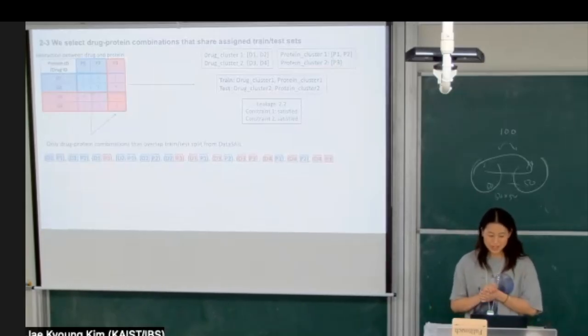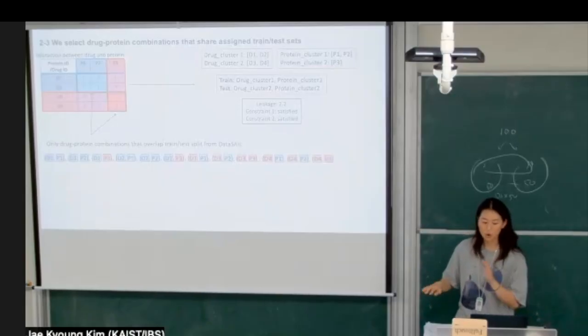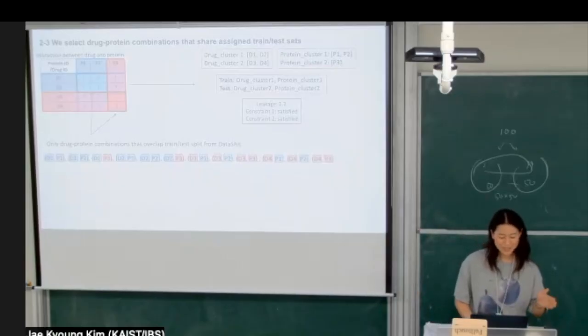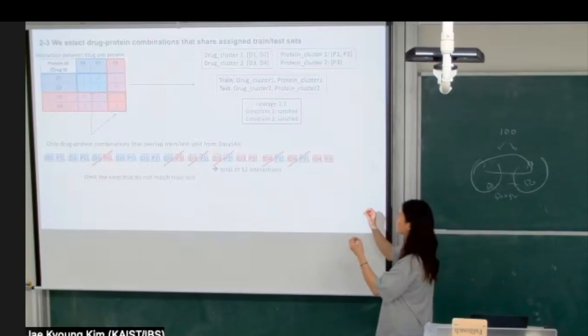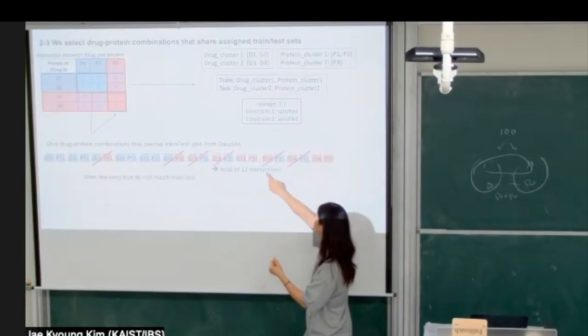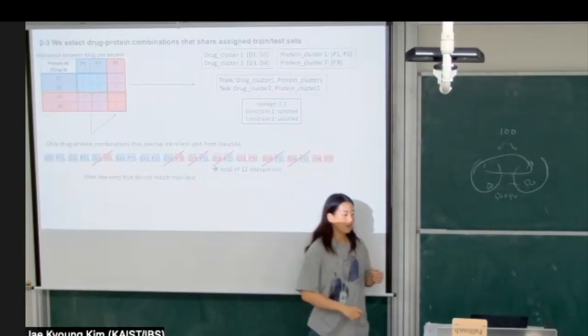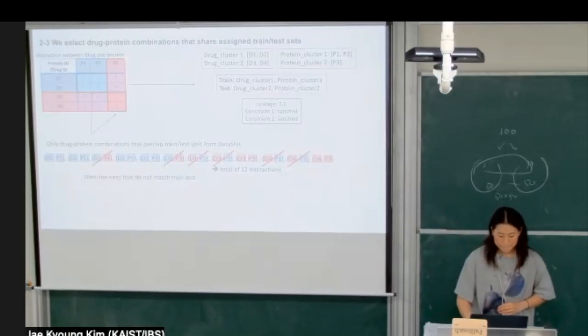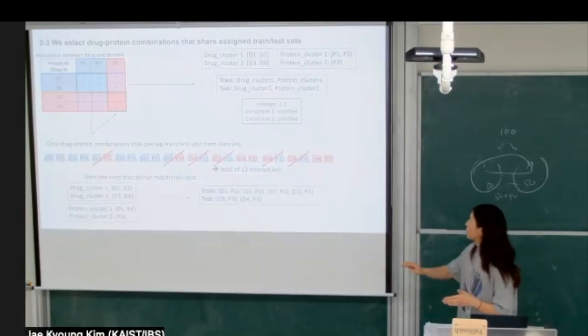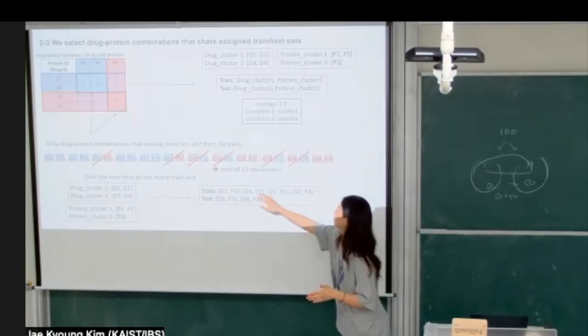What DataSAIL does is only select drug protein combinations that overlap in the train test split. So they simply omit interactions that are not the same, making sure they're both test or both train. And so they finalize the train set with these data points.